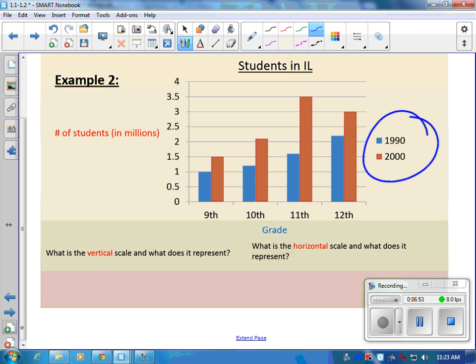So first of all, let's think on a coordinate plane. So think about ordered pairs, coordinate plane. We have a vertical and a horizontal scale. And I want to know, in a coordinate plane, which axis is going to go vertical? Seth? Which one goes vertical? Alex? The y-axis.